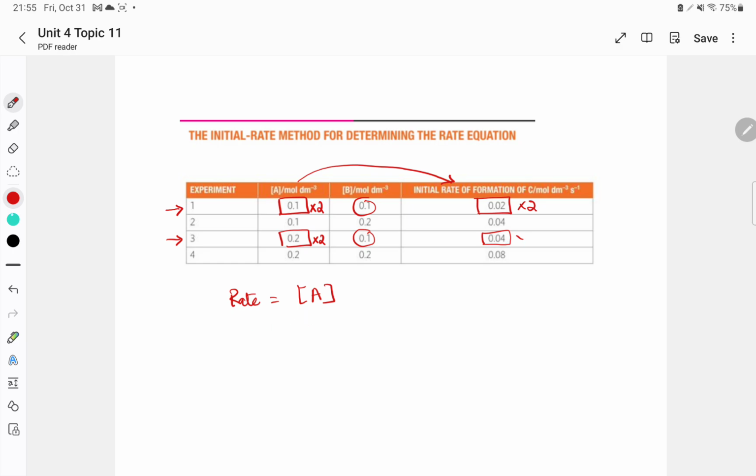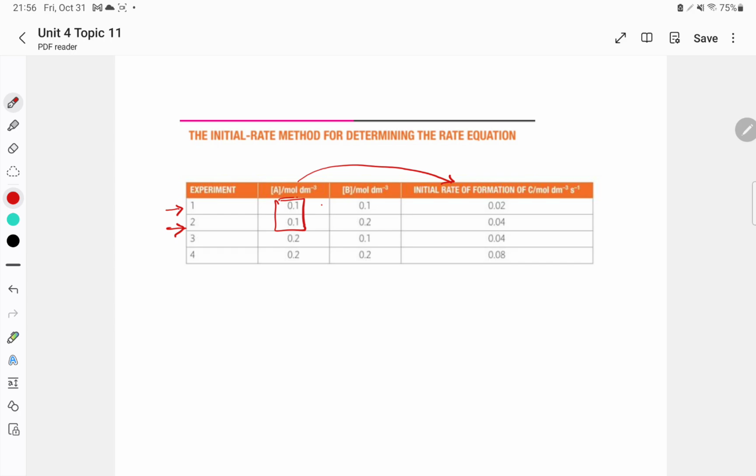Now let's consider another reaction, where we want to study the relation of the rate and the concentration of reactant B. In that case, we are only going to consider the experiments in which A is constant. So here we can consider experiment 1 and experiment 2, because here the concentration of A is constant.